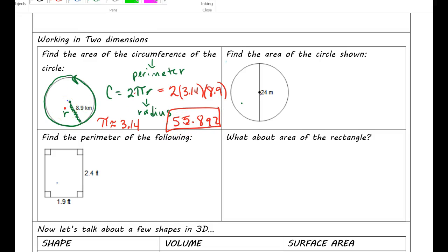Now, besides just finding the distance around, you could also find the distance inside, or the amount of area inside the circle. So all of this. So the formula for area is pi r squared. And I'm just reading back here, look at my directions, find the area of the circumference.